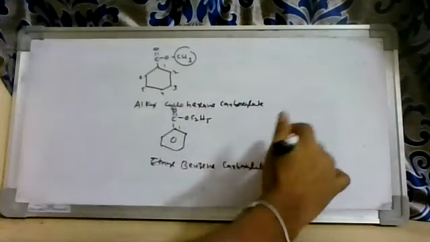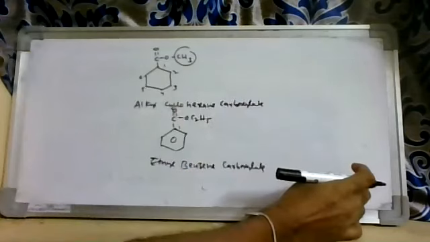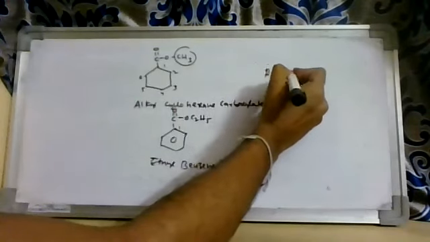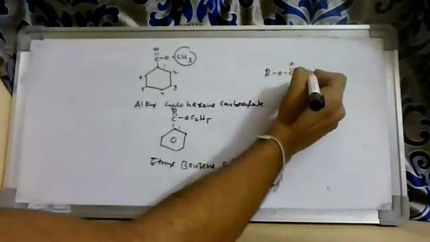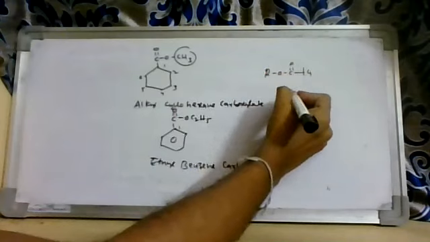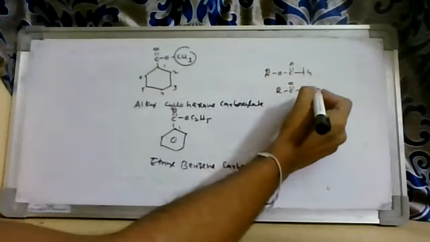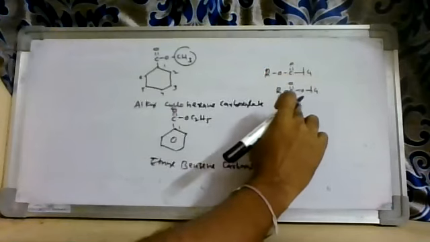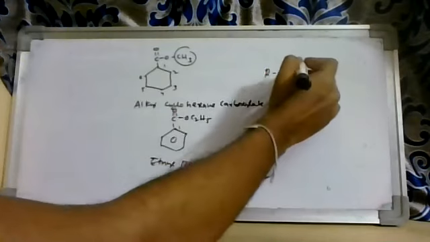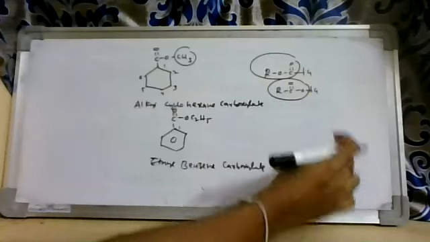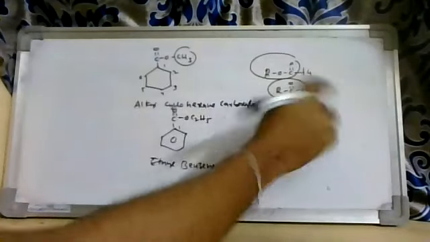Suppose it is a substituent, so what is the substituent prefix? Alkoxycarbonyl and alkanoyl oxy. When ROC double bond O is directly attached with any group, this is called alkoxycarbonyl. Suppose RC double bond O is attached through oxygen to the group, it is called alkanoyl oxy.